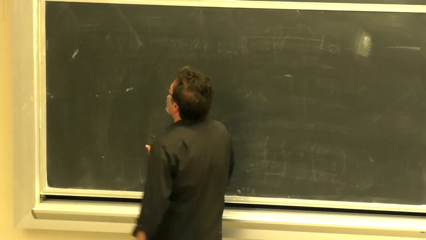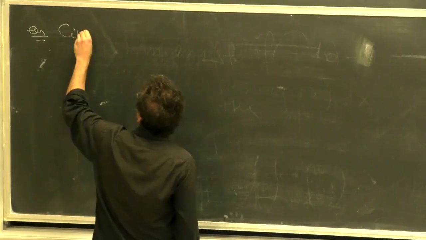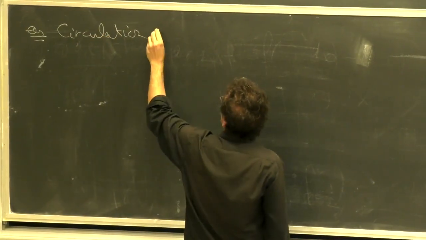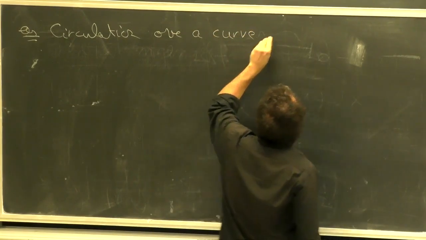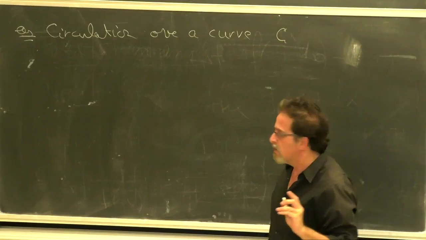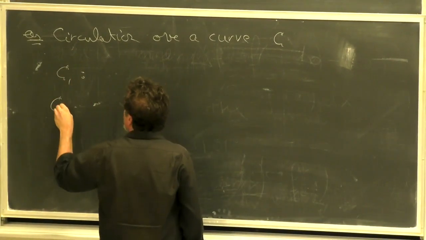Okay? So let's do circulation, e.g. circulation over a curve C. And I'm going to use two different curves, C1 and C2.